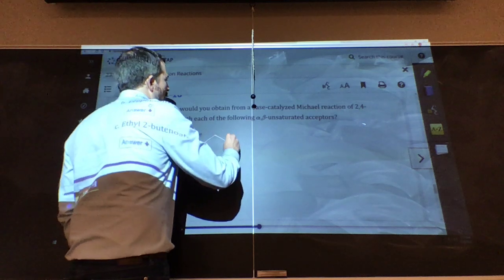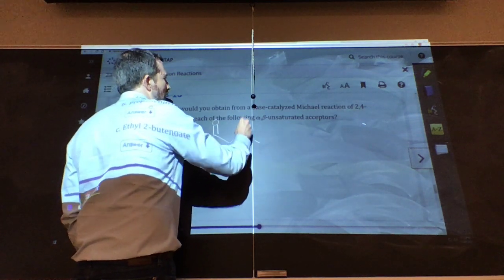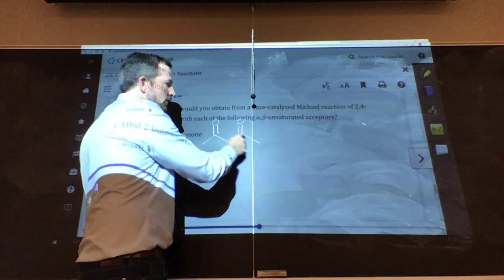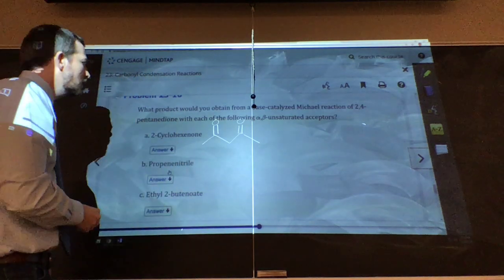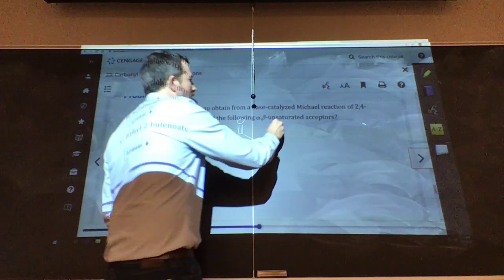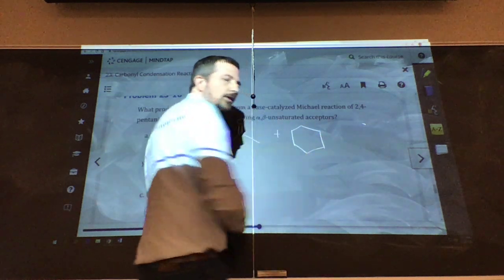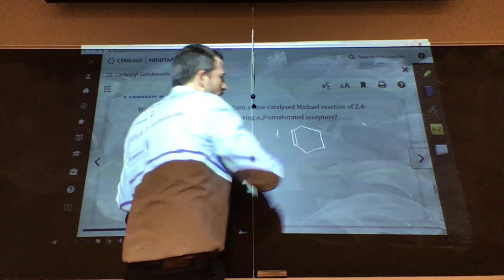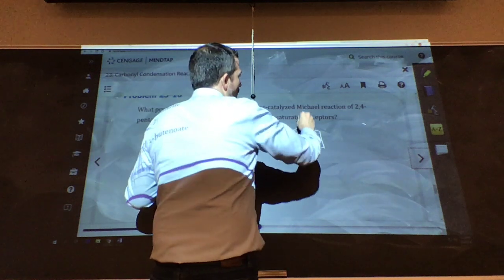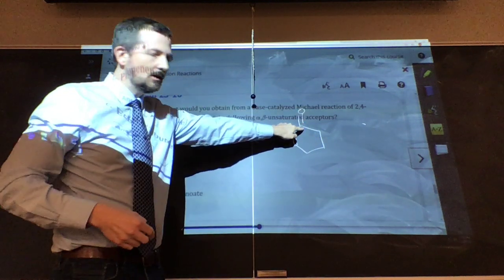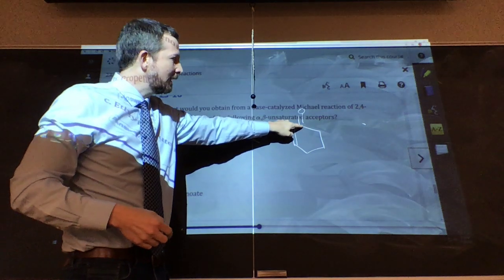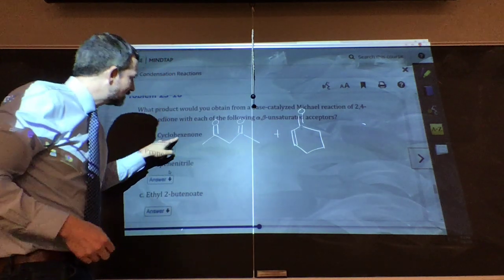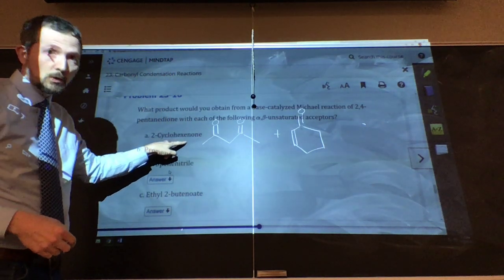So 2,4-pentanedione, so 5 carbons, 2, 4, with 2-cyclohexenone. Cyclohex is a 6-carbon ring, ene, so a double bond, so cyclohexenone. Cyclohexenone would be a carbonyl on my 6-membered ring. That's going to be 1, then at the 2 position I have a double bond. So another way to name it would be cyclohex-2-enone.